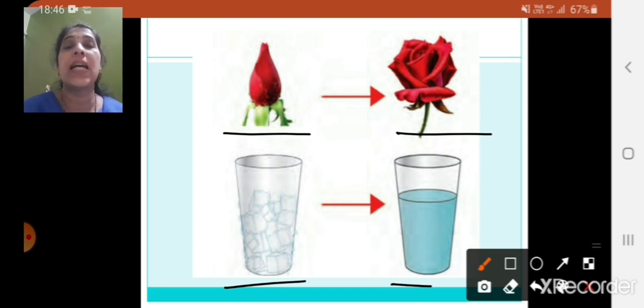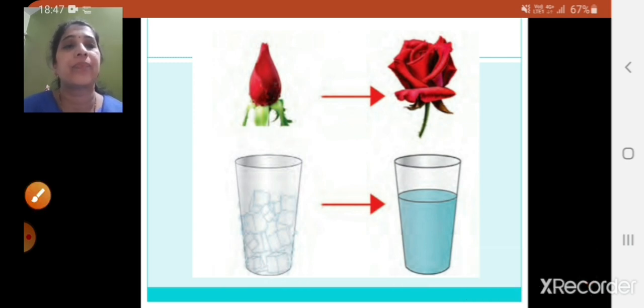Also it is a reversible change, because reversible change means if you keep this water in a freezer, you will again get the ice cubes, right? So there may be a lot of changes in a particular substance. It may be a natural change, it might be a reversible change, all these things, right?